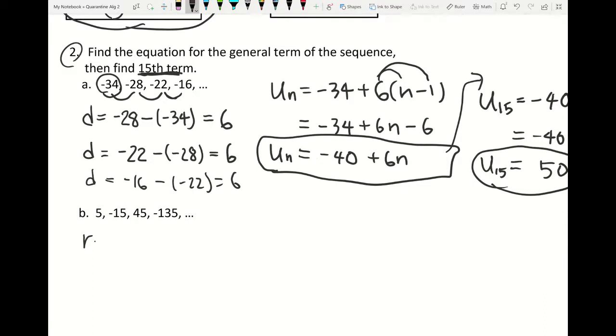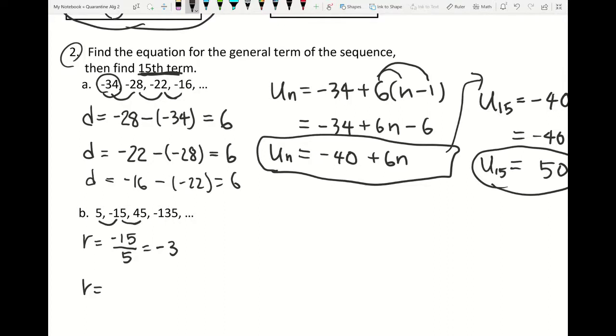So geometric is the common ratio R. So how do you find R? You pick a number, negative 15, and you divide. This time you divide by the previous number, which is a 5. Negative 15 divided by 5 is negative 3.